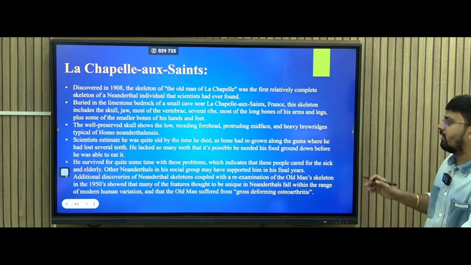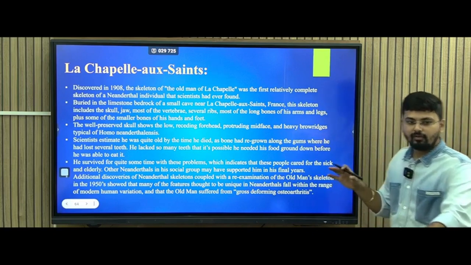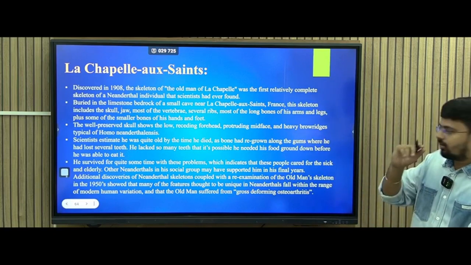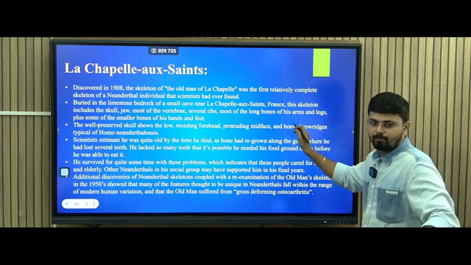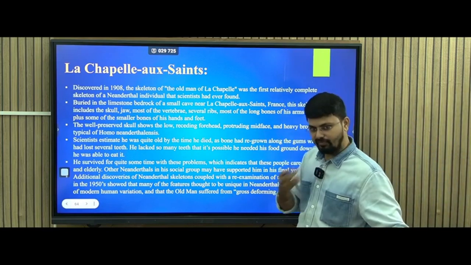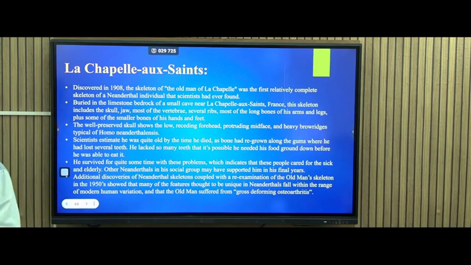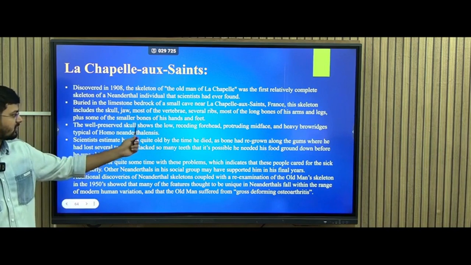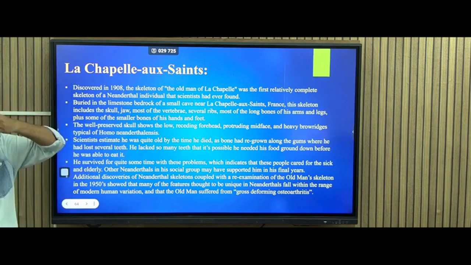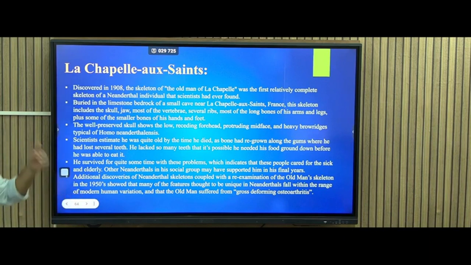And at the same time they noticed some features like heavy brow ridges, a protruding midface, and a receding forehead. You don't have a flat forehead, you have a receding forehead, and the skull shows it is at a lower level, along with strong, heavy brow ridges, right?